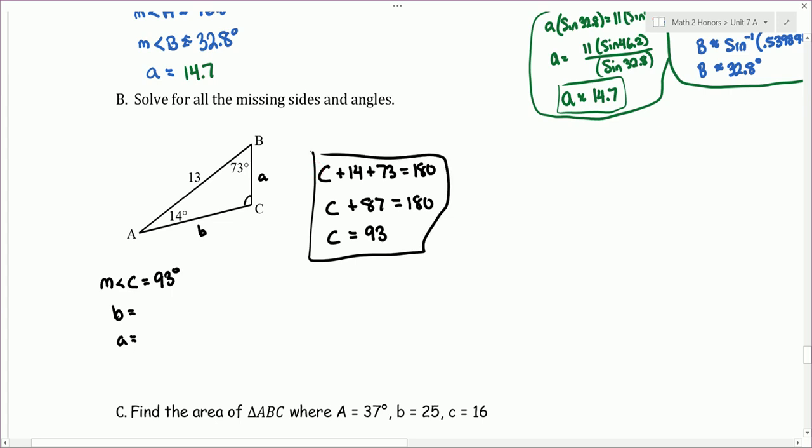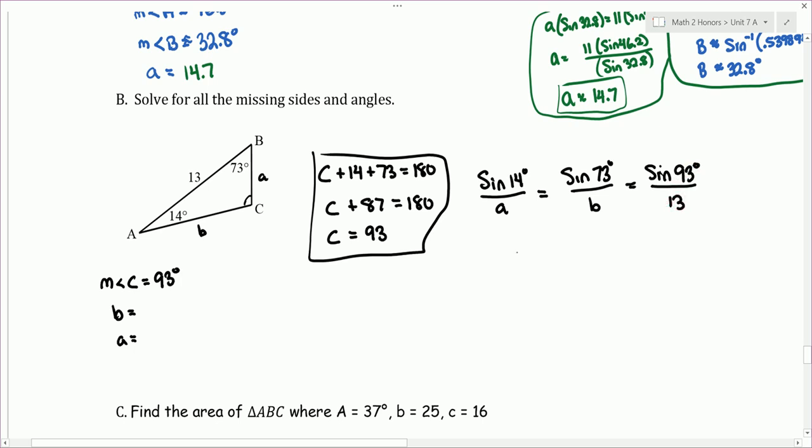And then we're going to use the law of sines to help us find A and B. From the law of sines, we can say that the sine of A, which is sine of 14 degrees over A, is equal to the sine of B, so the sine of 73 degrees over B. And then that's also equal to the sine of C, which we found that C is 93 degrees over C. And this time we know C is 13.